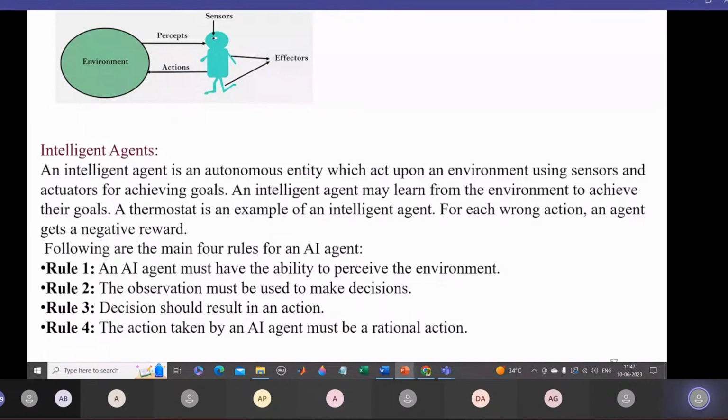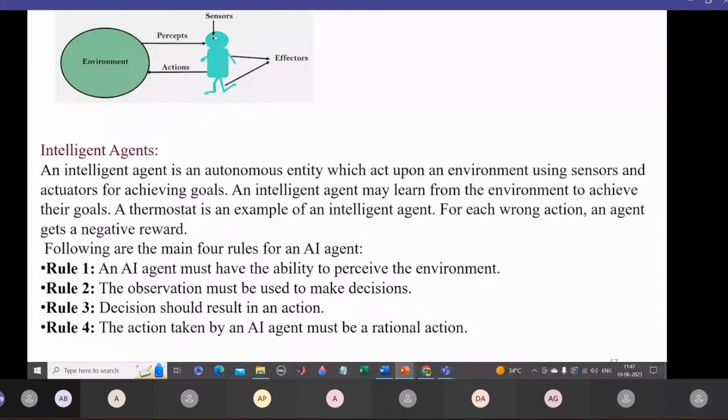There are some rules for this agent. The first rule is, the agent must have the ability to perceive the environment. Second, the observation must be used to make decisions. Third, the decision should result in action. That is what we say: perceive, think, and act.